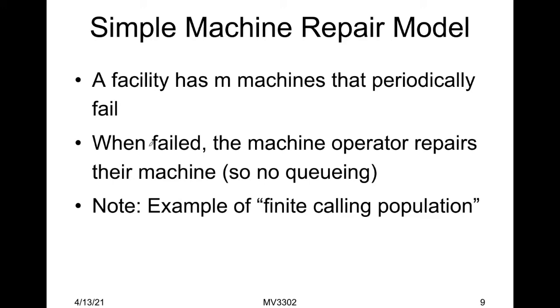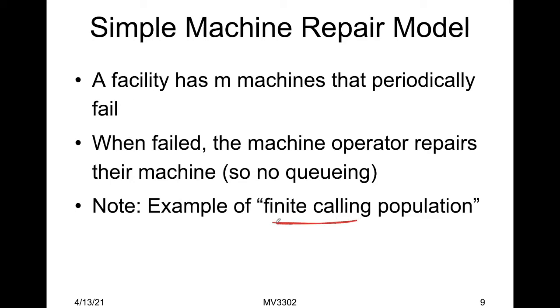Here, there's a machine operator, and if the machine breaks, then the machine operator can immediately begin repairing it. So there's no queuing here. But the key thing with both this and the situation in the written assignment I asked, it's an example of what's called a finite calling population.